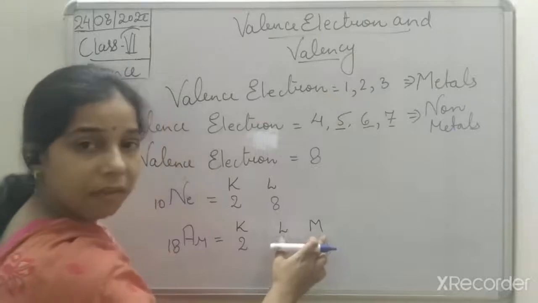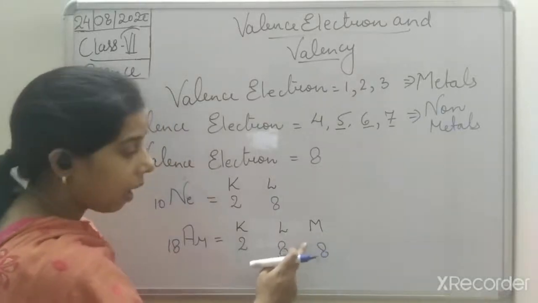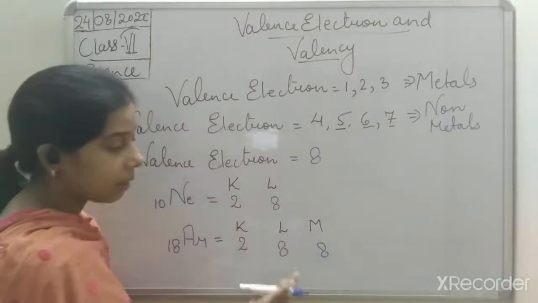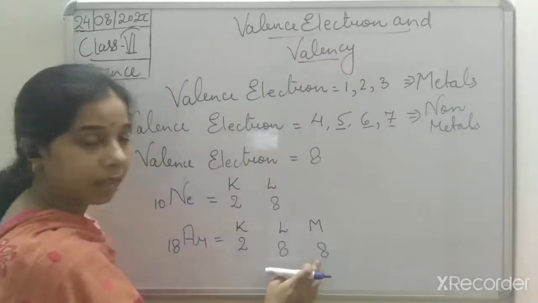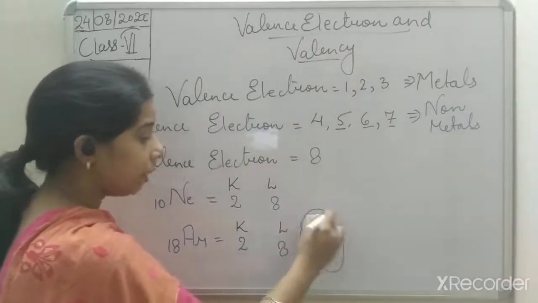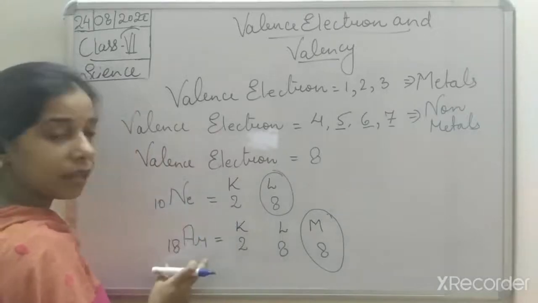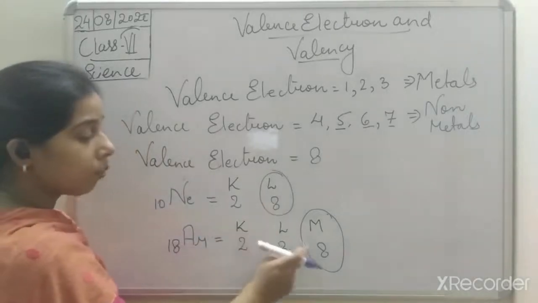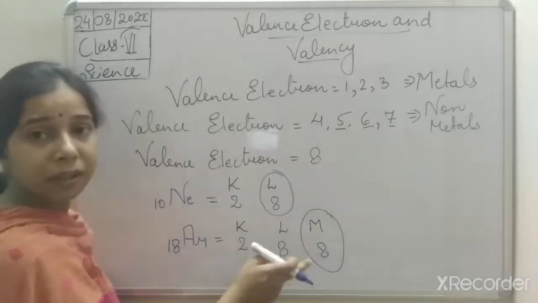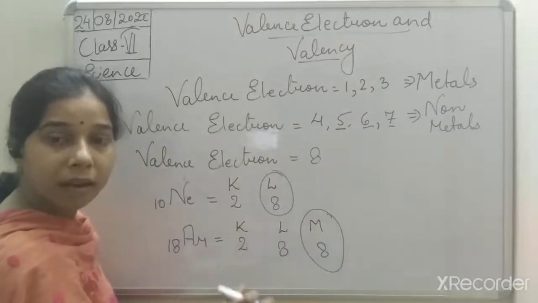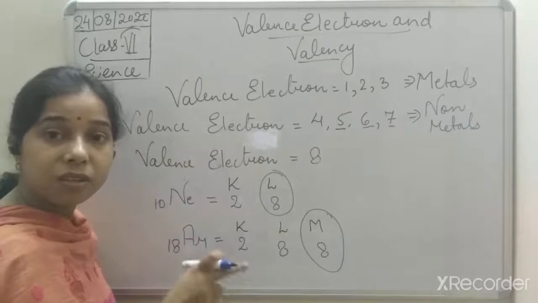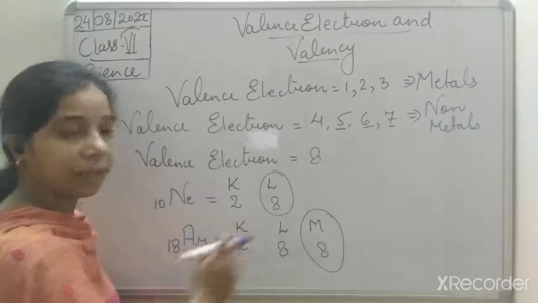So the outermost valence shell is M, and this valence shell has 8 valence electrons. So whether it is neon or argon, in both cases, although the shells are different, the number of valence electrons in the valence shell is the same, that is 8.